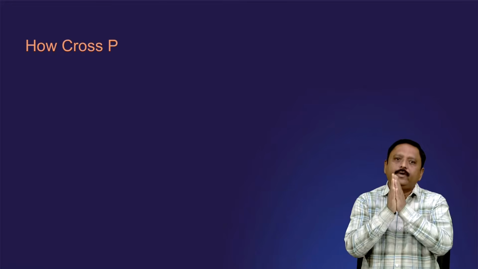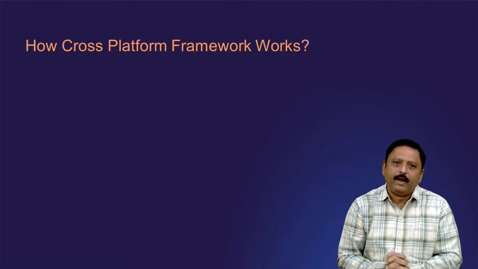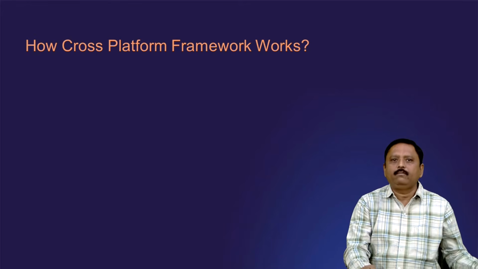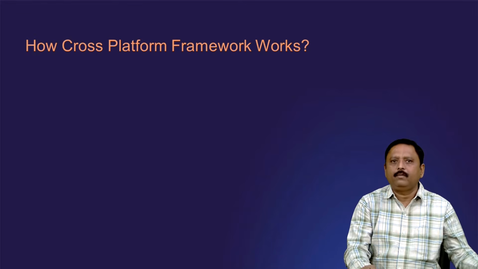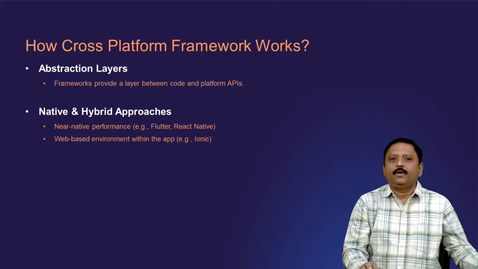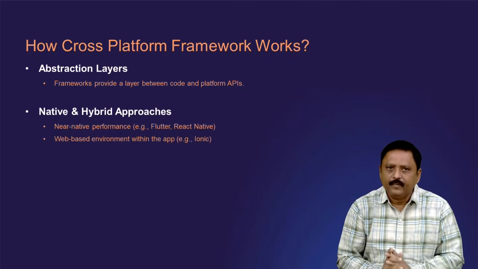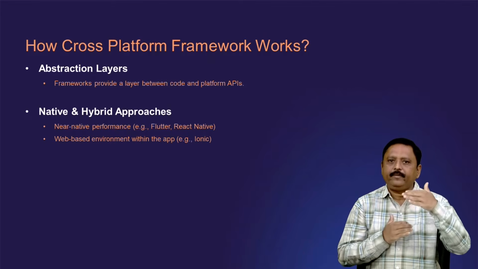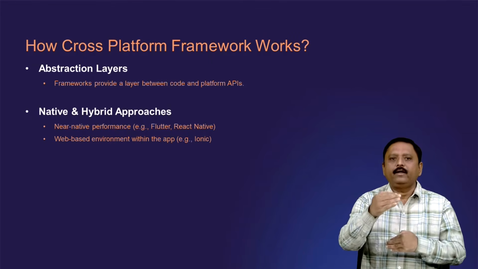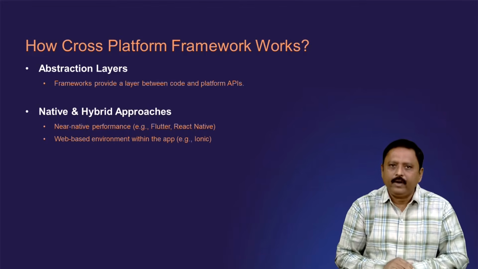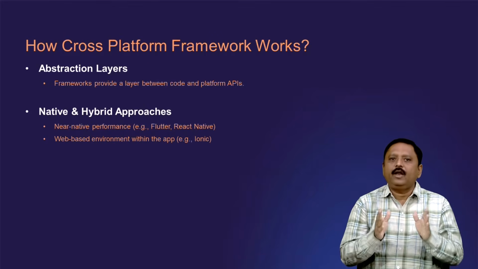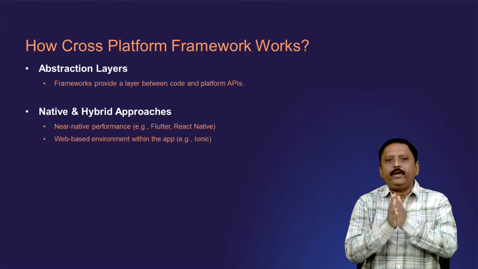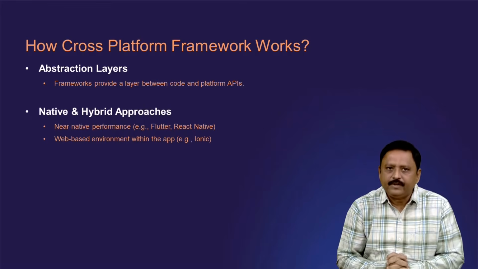Now let us try to understand how cross-platform application development works. There are two working models used by cross-platform frameworks. First is the abstraction layer. Cross-platform frameworks provide an abstraction layer between the app's code and underlying platform APIs, which allows the app to work on different platforms without having to re-implement platform-specific code.